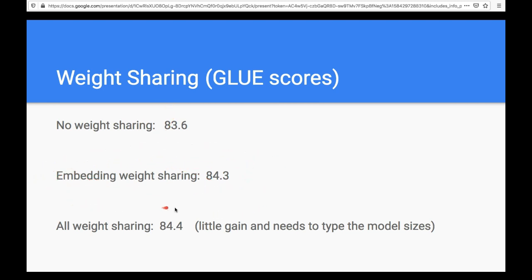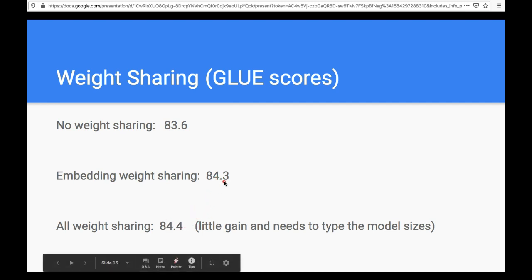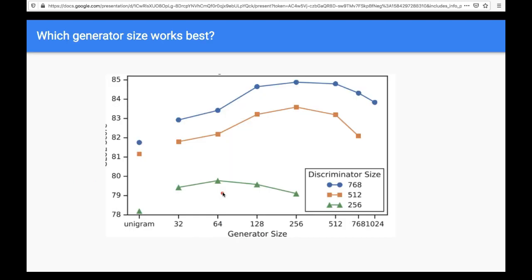And if you share all the weights, you will find your GLUE score actually is higher, but it's not much higher. And then you have so much constraint. Basically, you need to have the same model size, which means your training time will be much longer. Because the ideal case is you have a smaller generator but a very big discriminator, which I will cover later. And this kind of difference is not even statistically significant.